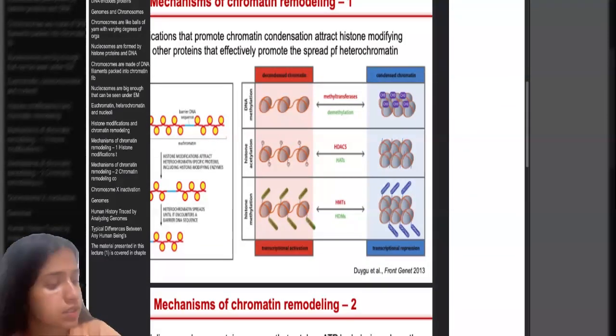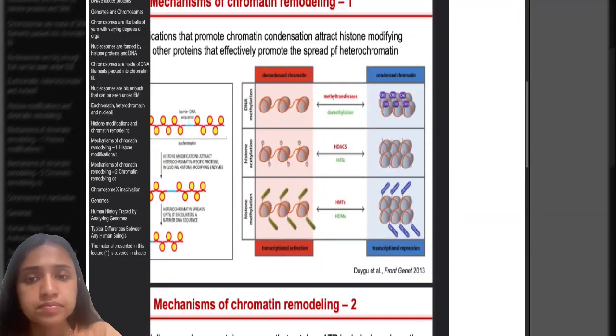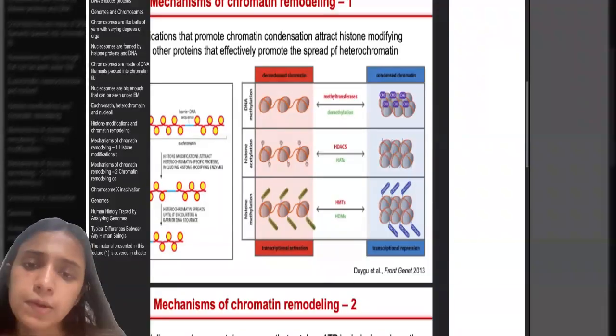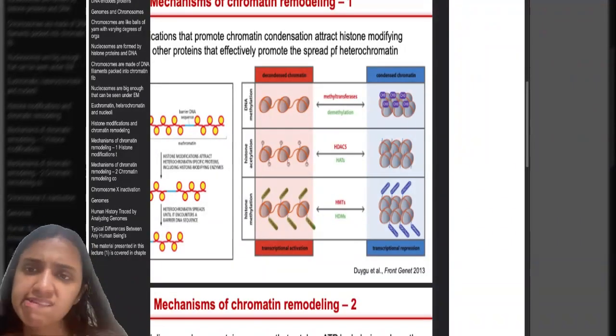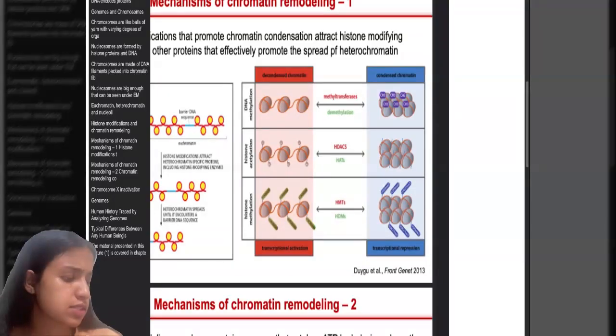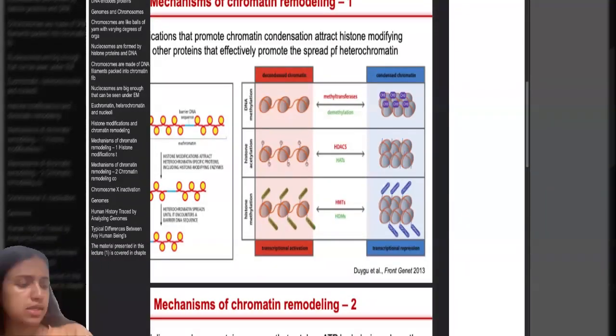Condensed. And then histone acetylation. So you have all these decondensed chromatin via HAT. You will get these decondensed chromatin.